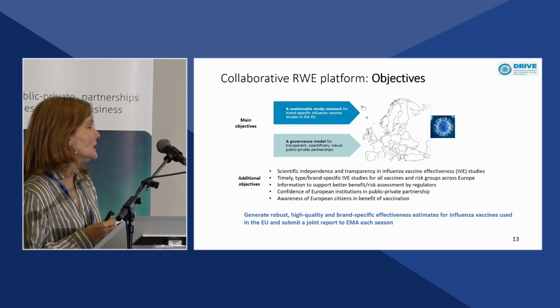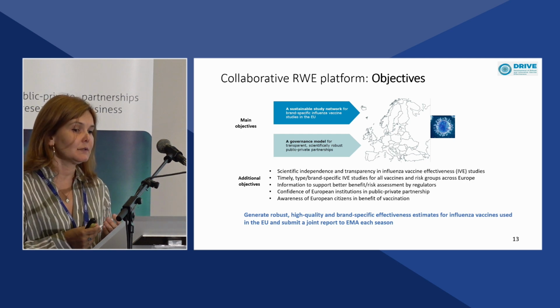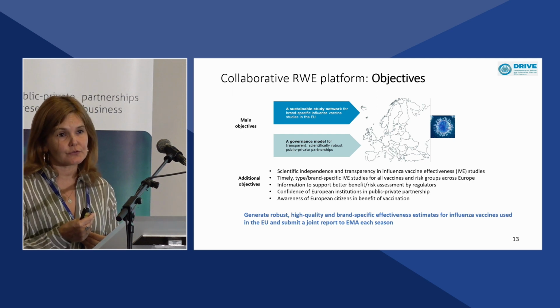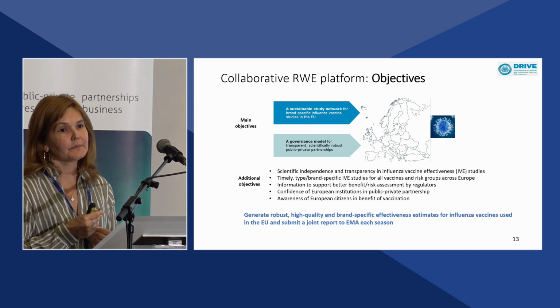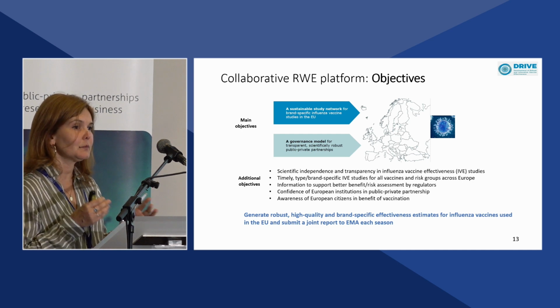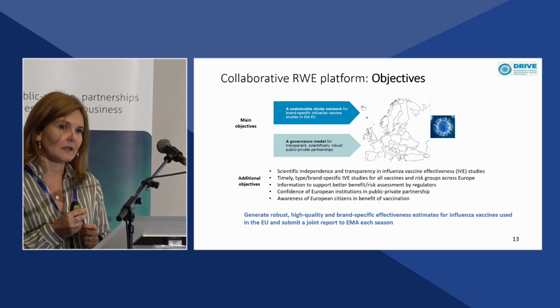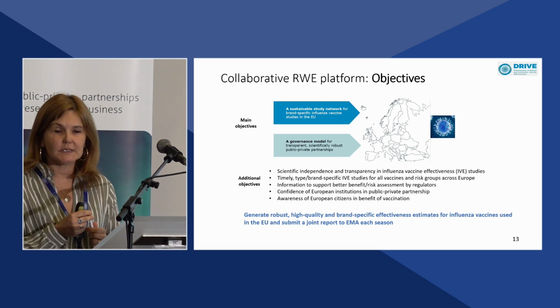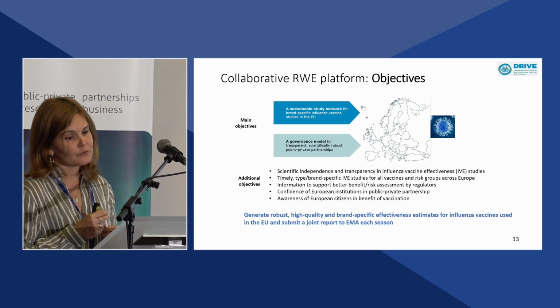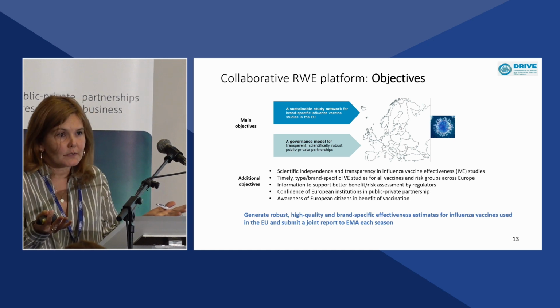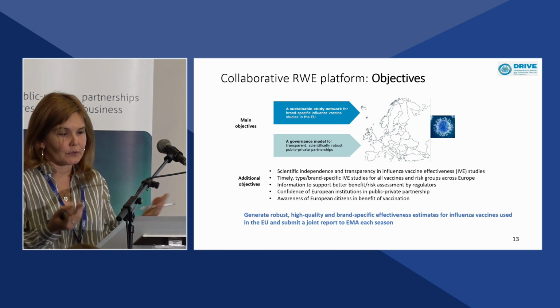So each year, what we were asked is to submit a joint report to EMA in order to present the absolute brand-specific influenza vaccine effectiveness from the companies engaged in DRIVE, and to present that as a consortium joint report.